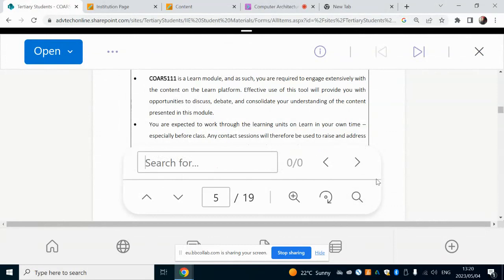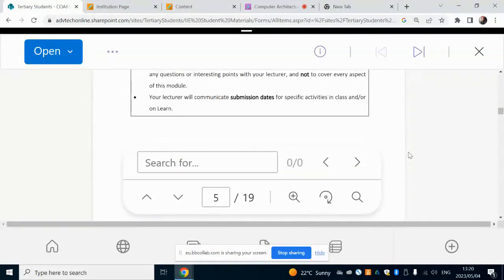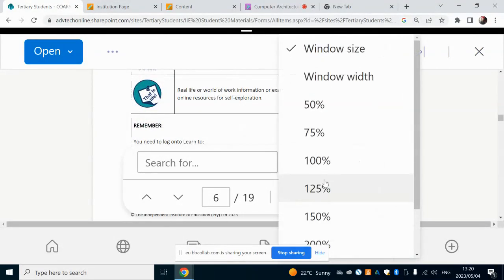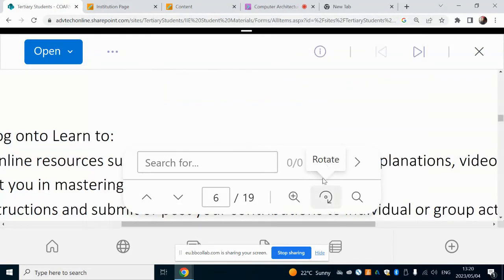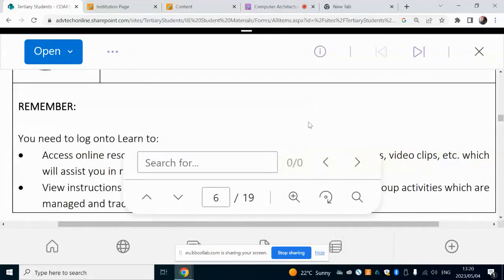Oh, this is search. No, I don't want to search. That's too much, 100%.